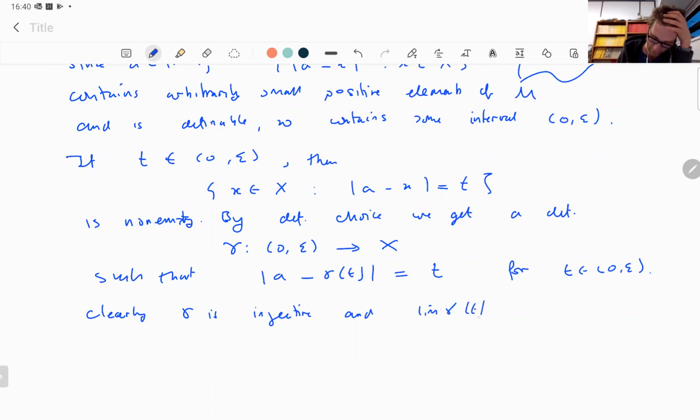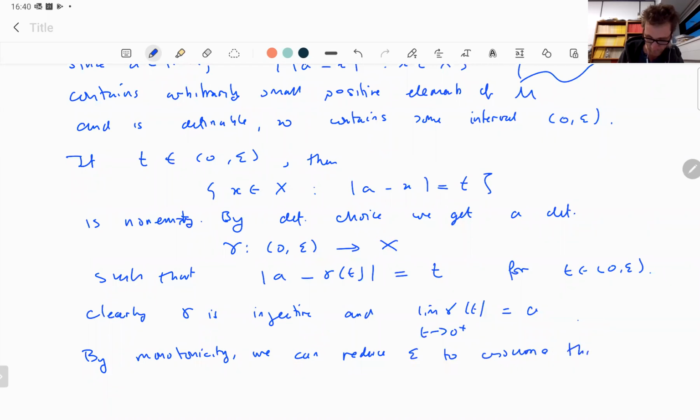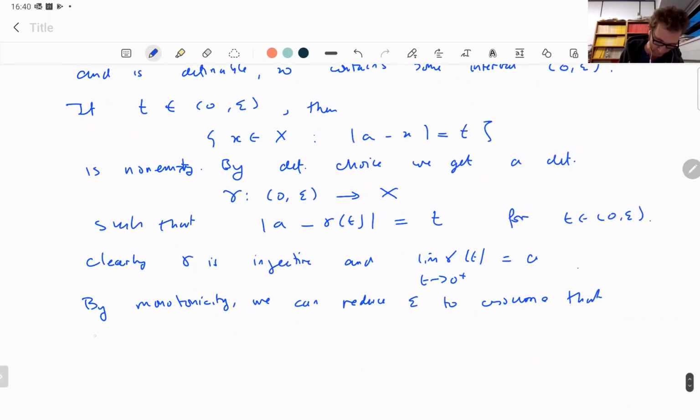Sorry, the limit of gamma of t equals a. And then by applying the monotonicity theorem, I can perhaps reduce epsilon and assume that gamma is continuous. Okay, and that's the proof of curve selection.